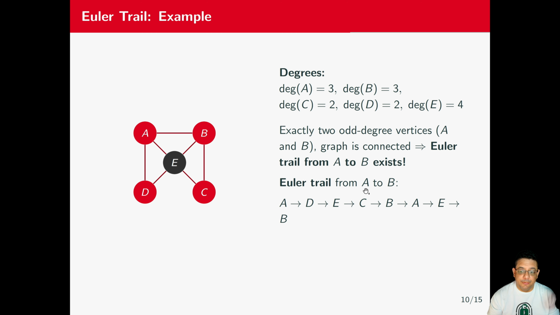The Euler trail from A to B goes from A to D, then D to E, E to C, C to B, B to A, A to E, and E to B. Notice that this uses all 7 edges exactly once.